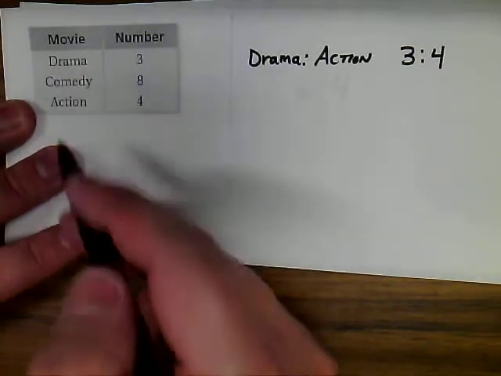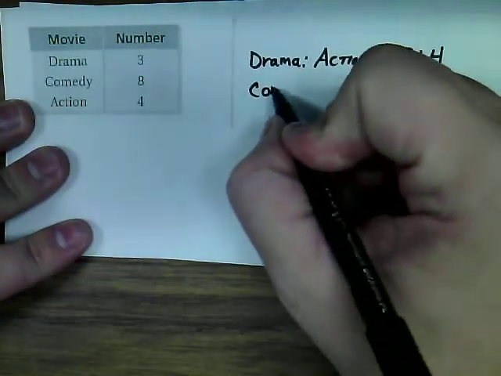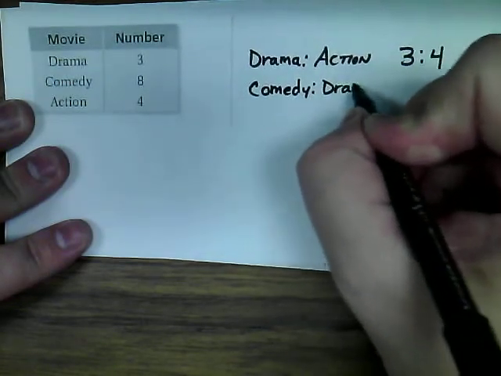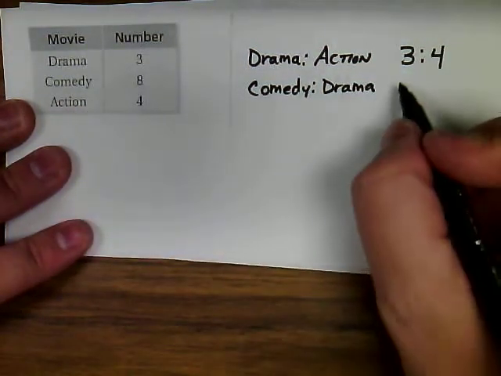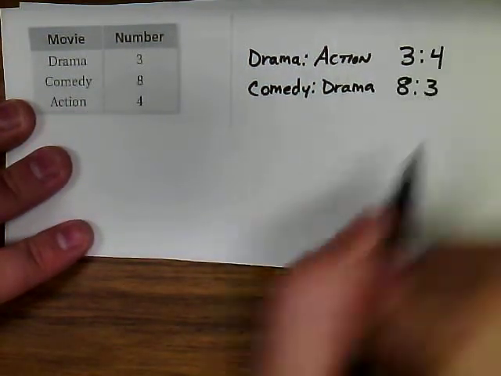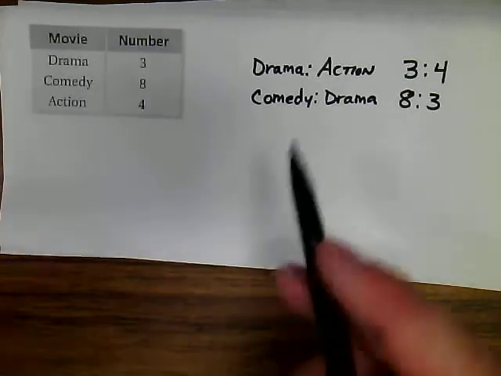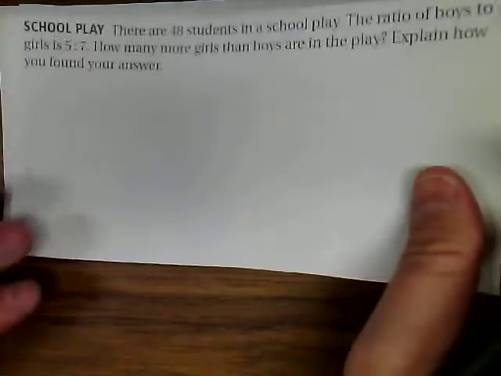But I could also make a combination with one of the other terms. Maybe I want to do comedy to drama. And so I'm going to count the 8 comedy and the 3 drama. So with a ratio, it's just important that you identify which part comes first in your phrasing so you can mirror that in your ratio.